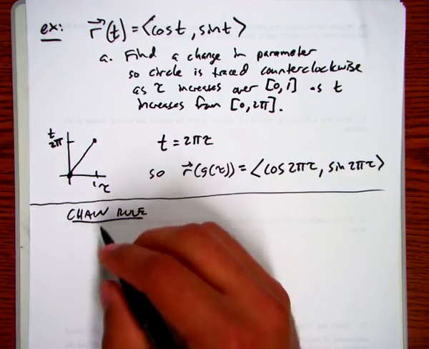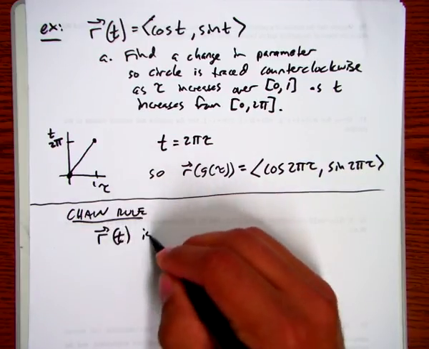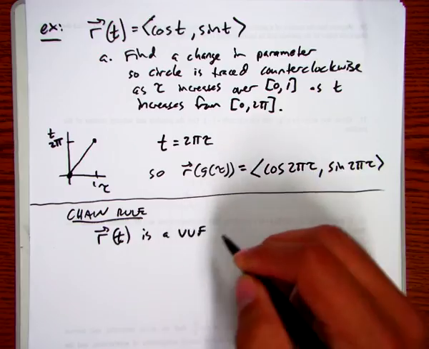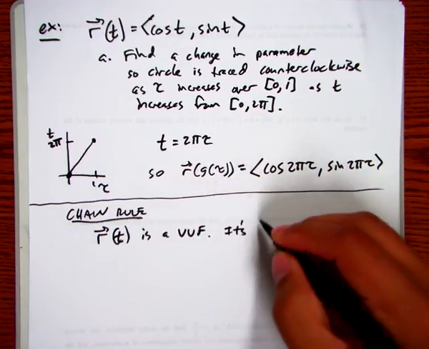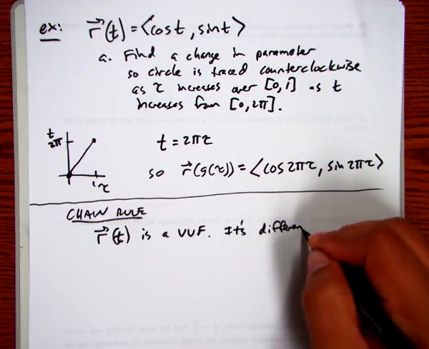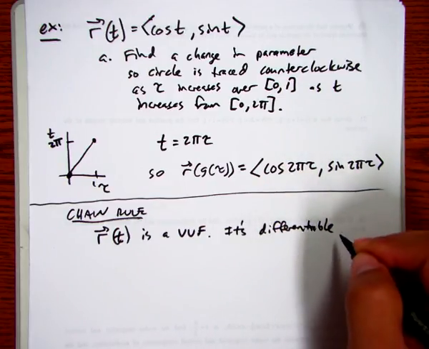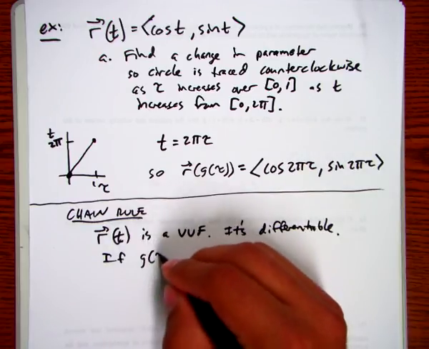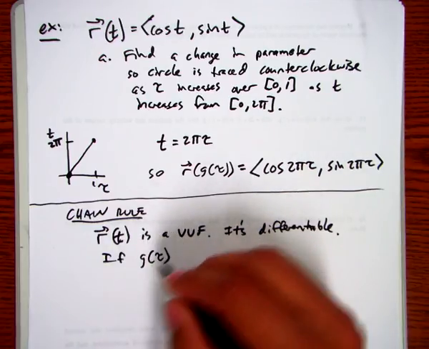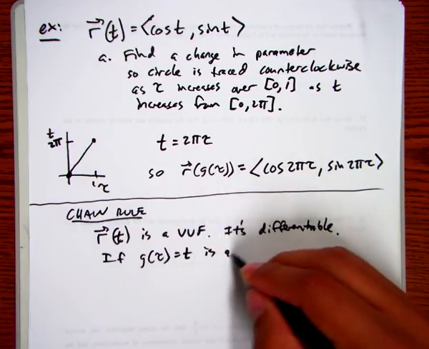Okay, so we'll just kind of abbreviate this. R of t is a vector-valued function. It's differentiable. If g of tau equals t, there's a change in parameter.